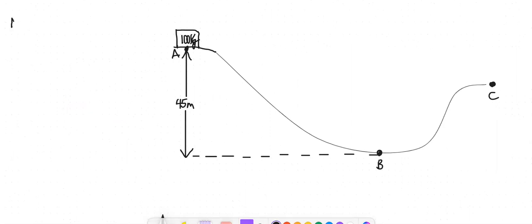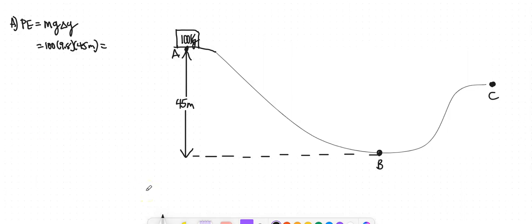So let's start right here at A. And we see here that the potential energy with respect to gravity and relative to 0 here is going to be m g delta y, which is going to give us 100 times 9.8 times 45 meters.